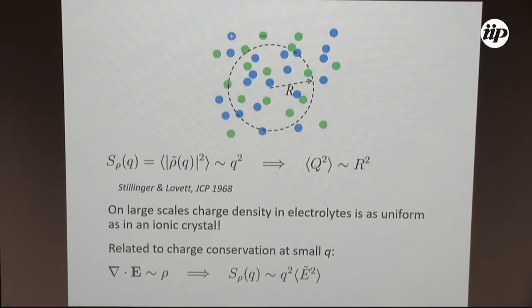So again, there is this funny conclusion that if you take an electrolyte, which is a very disordered and dilute system, and you ask how charge fluctuations look like, they are as suppressed on the large scale as in an ionic crystal, which is again strange but true.